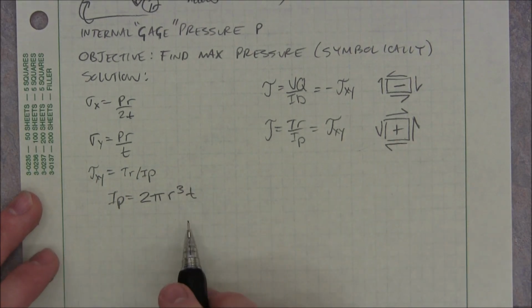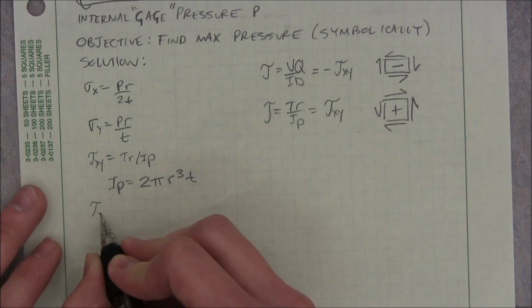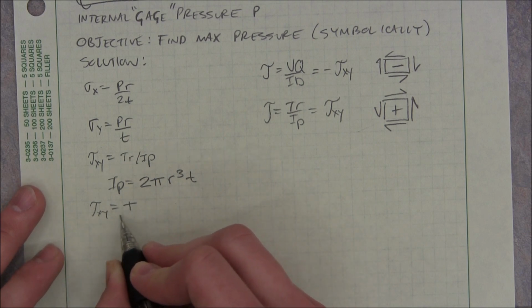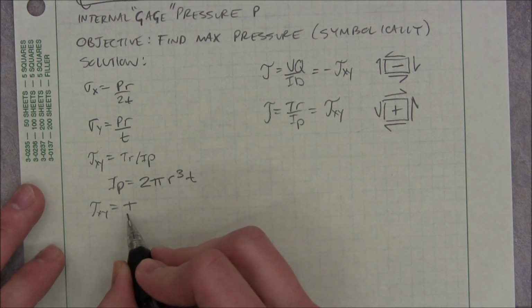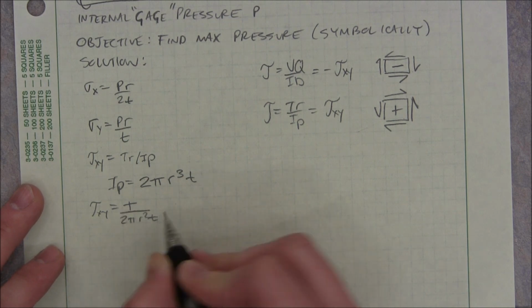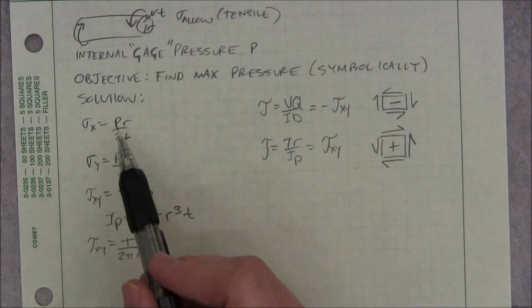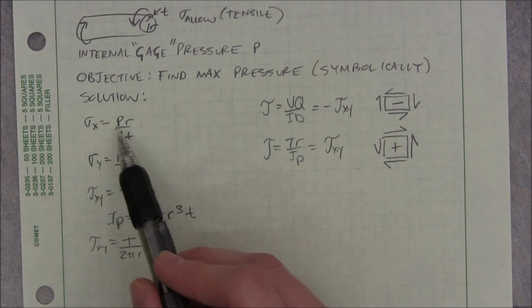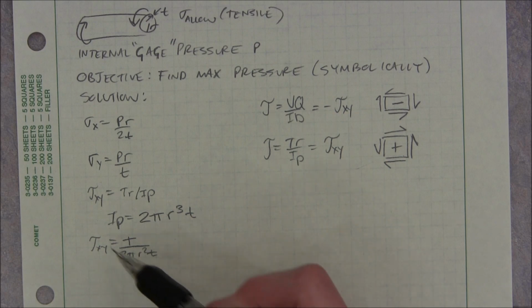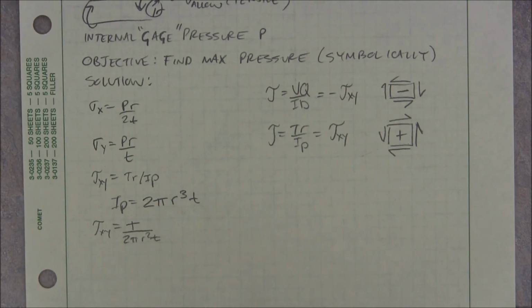That's something you just have to either look up or memorize. So our tau xy is going to be T, and then the r cancels out with that r, and it'll be over 2 pi r squared t. Okay, so now we have the easy part, finding out what our sigma x, sigma y, and tau xy are. We just wanted it symbolically, so we're good there.